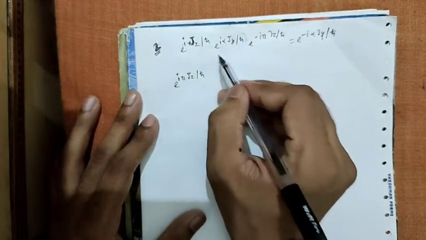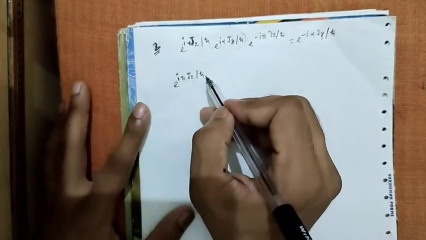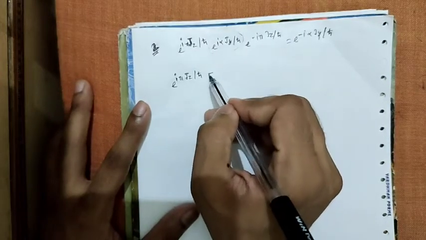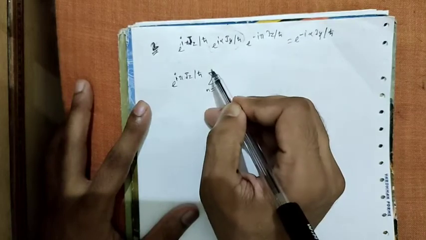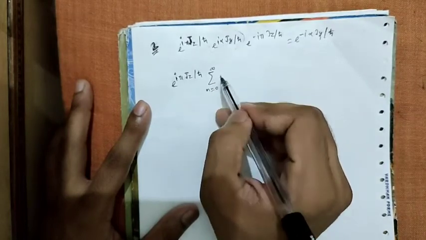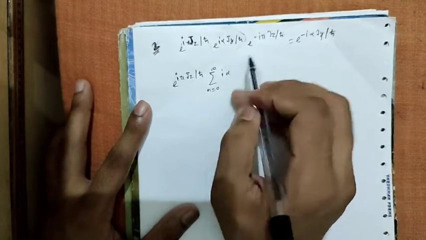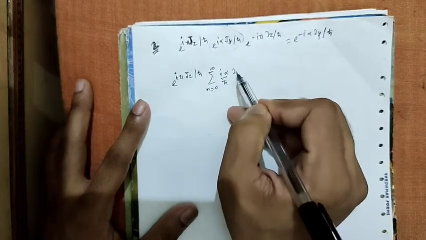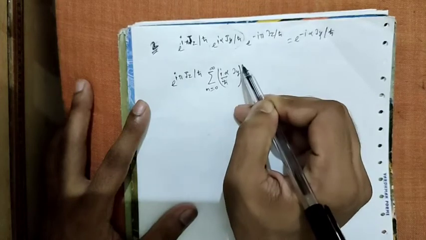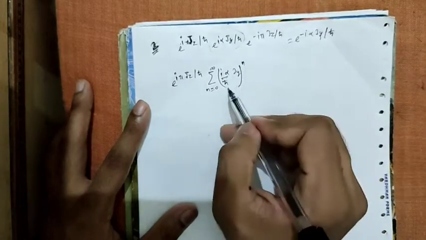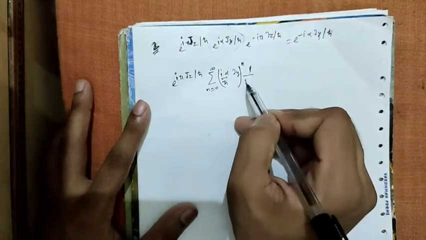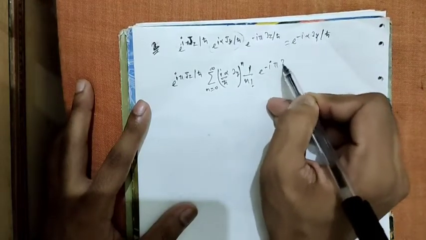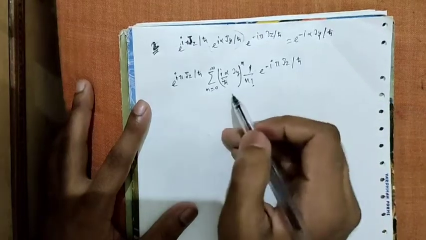Expanding the exponential, we know how the exponential expands, the summation from 0 to infinity of i alpha Jy by h cut to the power n by n factorial, then e to the minus i pi Jz by h cut.